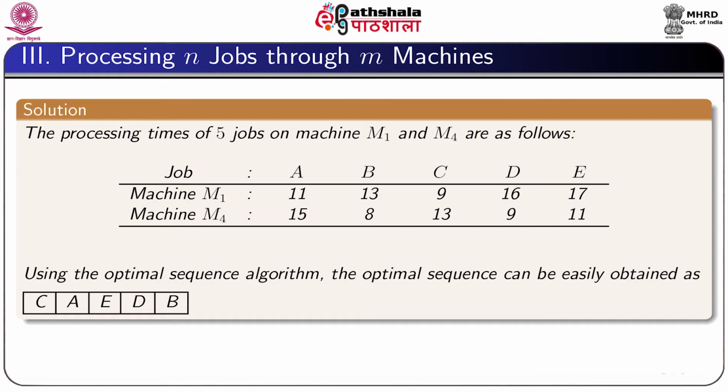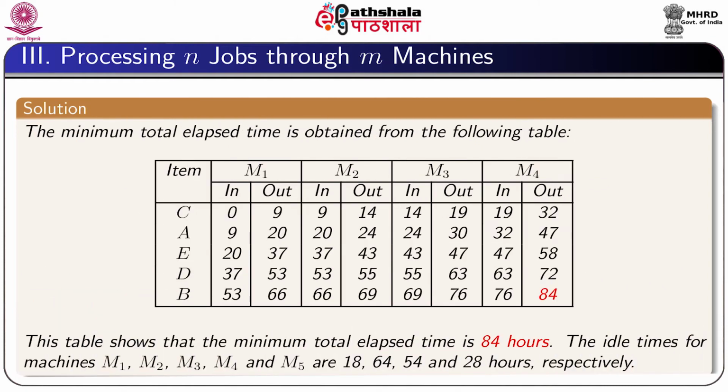So, following the algorithm, we find the optimal sequence as C, A, E, D and B. The total minimum elapsed time is obtained from the following table, which is 84 hours, and the idle time for machines M1, M2, M3, M4 and M5 is 18, 64, 54 and 28 hours respectively.